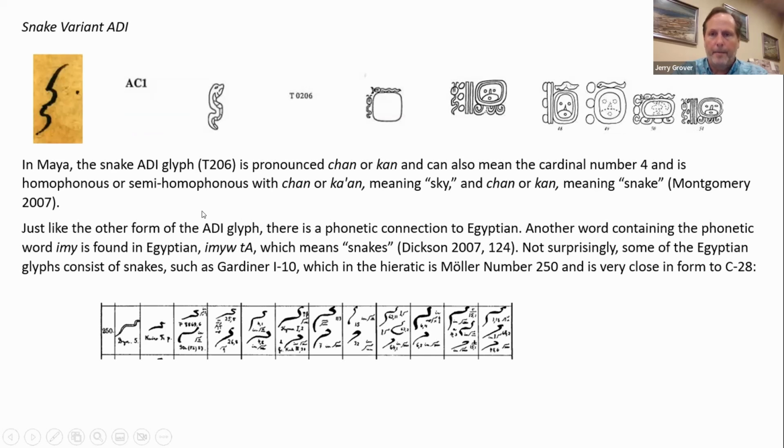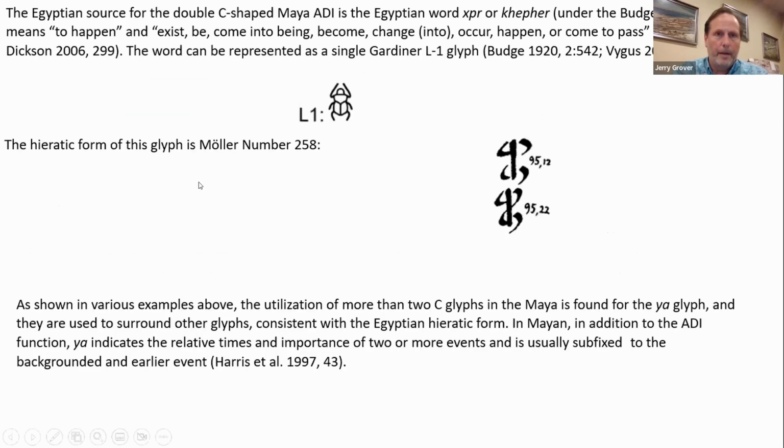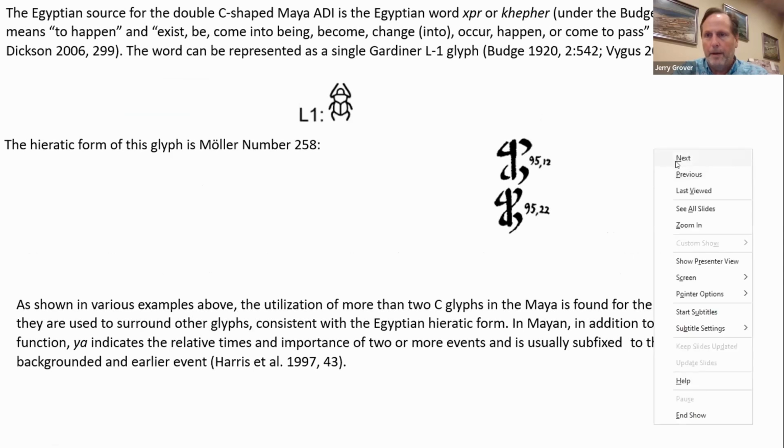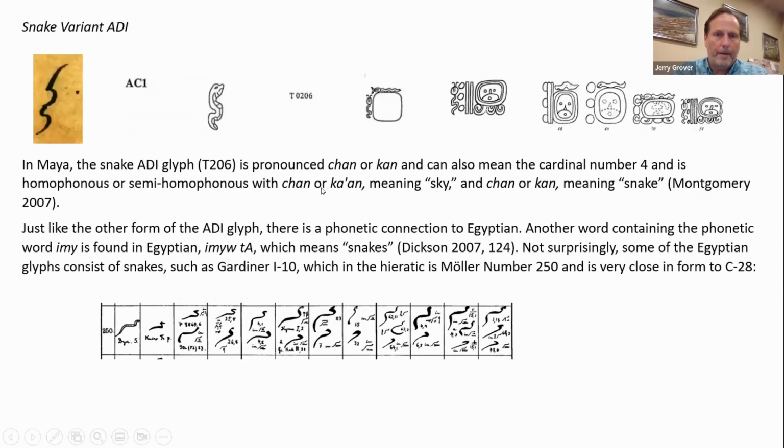And then another word in the Egyptian. Let's go back. So we have Yah for that one, and this has Khan. Phonetically, you don't have the Egyptian with the same form, which is found in the hieratic.